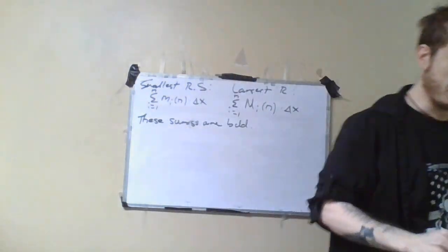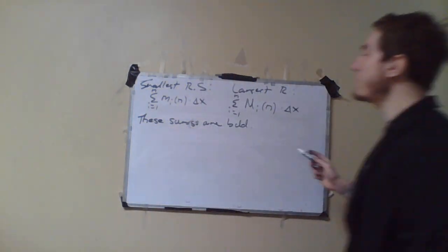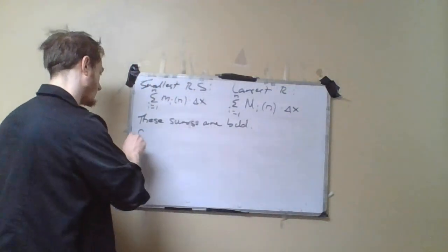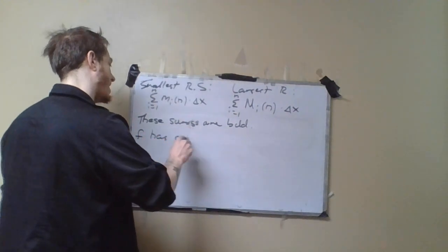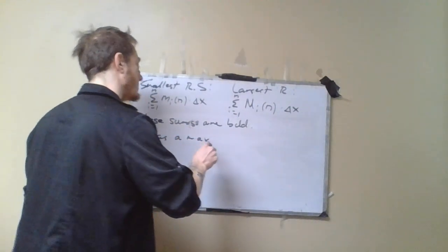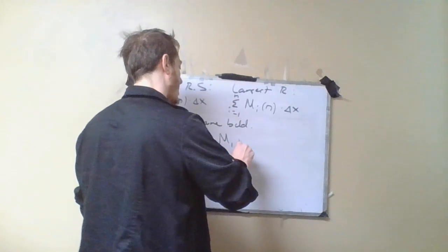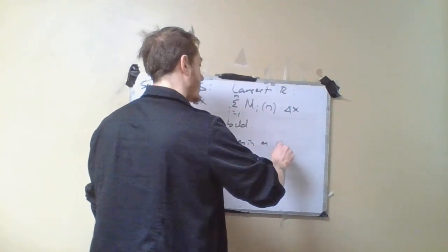Why are they bounded? Well, they're bounded because f has a maximum capital M and a minimum little m on a up to b.